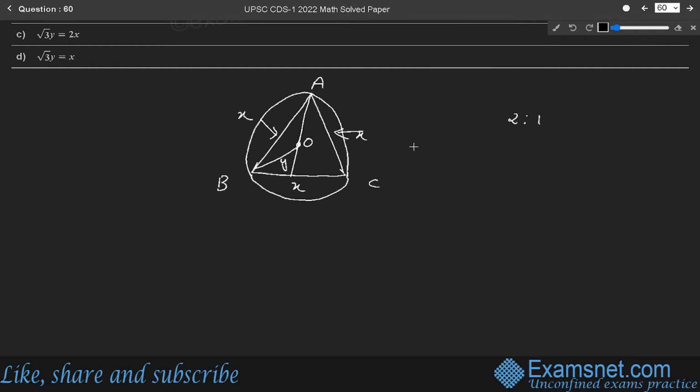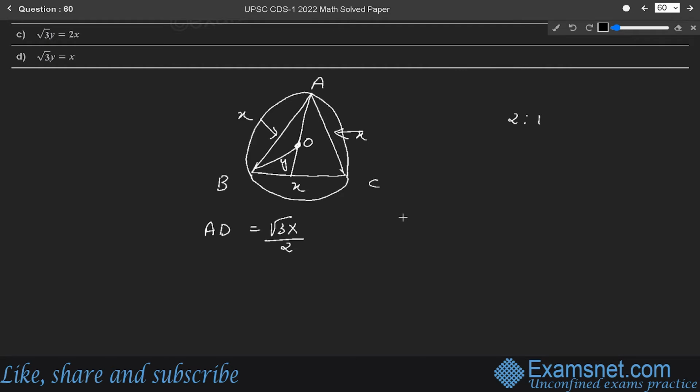According to the question, ABC is an equilateral triangle. Therefore, the center of the circle is also the centroid of triangle ABC. It simply means that this center O is the center for the triangle and also the center for the circle. Since the height or median of the equilateral triangle is AD, it is equal to root 3x upon 2.